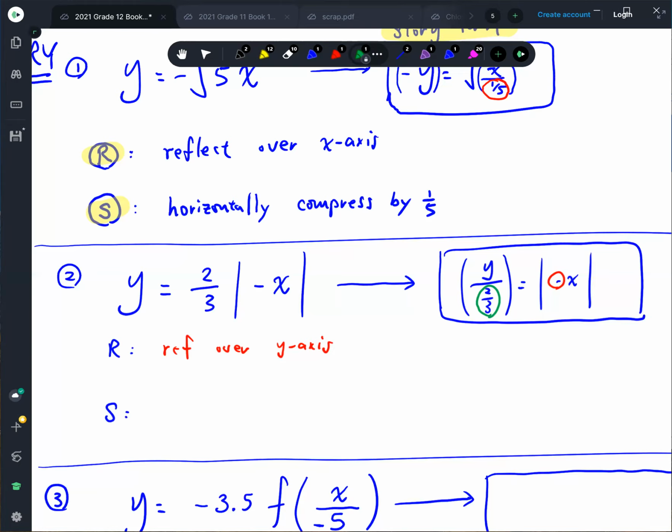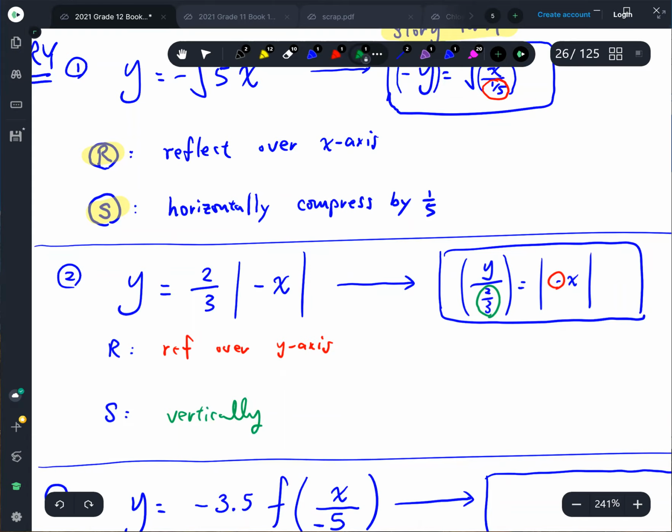What do we write? Under Y, it will be vertically compressed by 2/3.